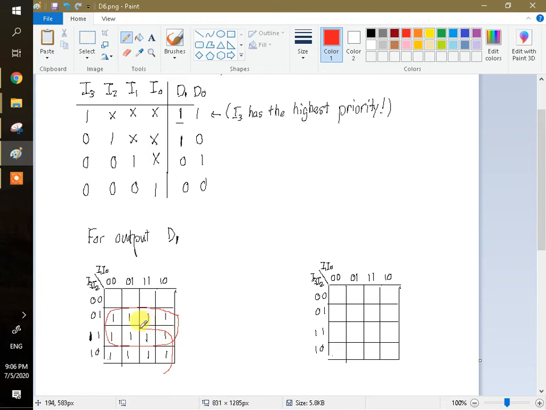Another group here. We got 16 squares and want to group 16, but the maximum we find is 8. From the Karnaugh map, for this group of 8, all the variables above cancel each other.